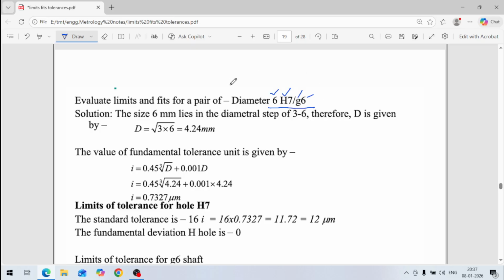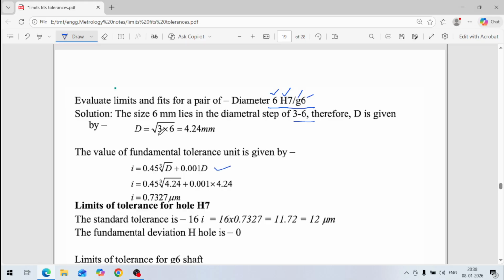Now first of all, what we have to do is see where 6 mm lies in the step of 3 to 6. So how do we calculate D? The fundamental unit is given as I. Formula for I is equal to 0.45 cube root D plus 0.001 D. So what is D?